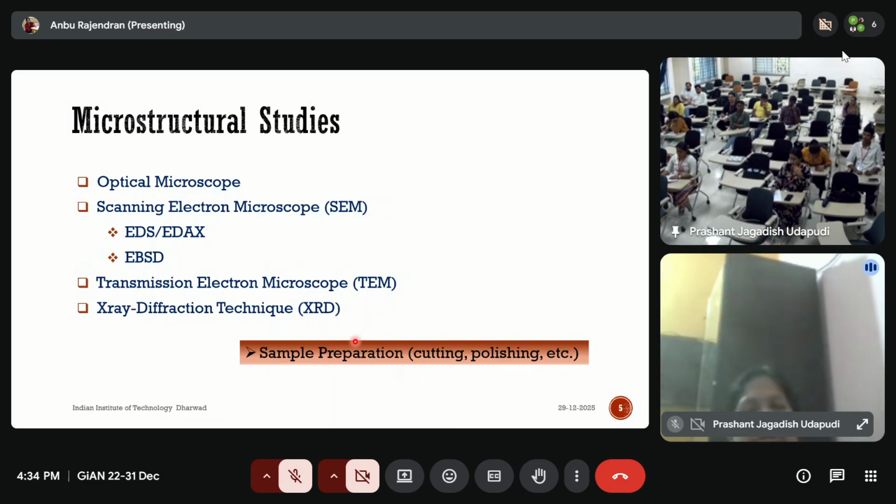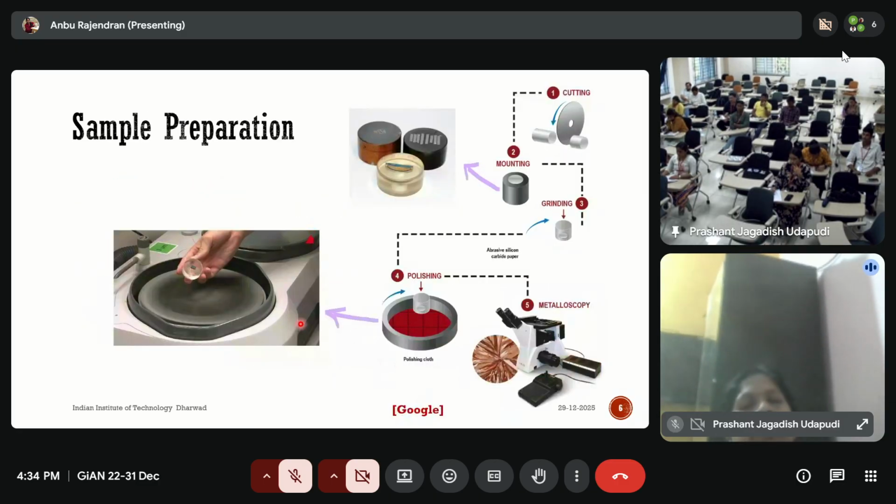You must follow the standard procedure to get a better result. You might have come across all these processes if you have done any microstructure analysis in your college or during your degree program.